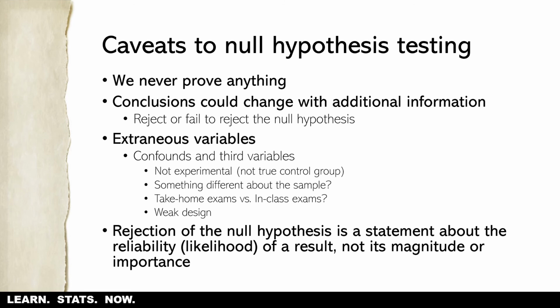That's all it means. It doesn't tell us how important the result is, why we got the result, or so forth. It's a relatively simple statement about whether or not the difference between the sample mean and the population mean could be accounted for by sampling error.